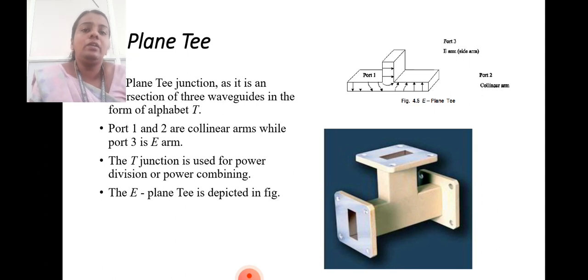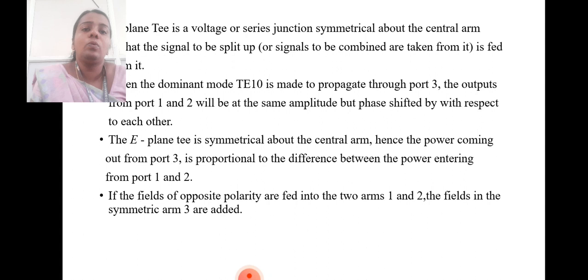The E plane T is a voltage or series junction, symmetrical about the central arm, and the signal to be split is fed into it. The dominant mode TE10 is made to propagate to port 3, and the outputs from port 1 and 2 will have the same amplitude, but the phase is shifted with respect to each other.